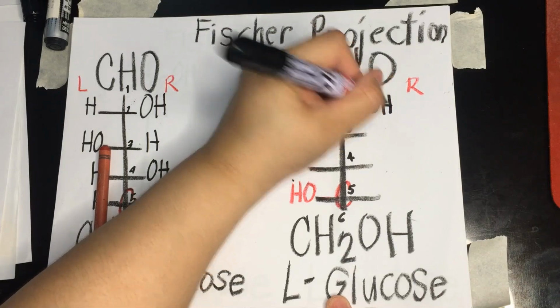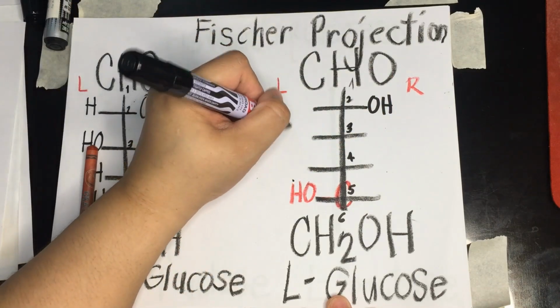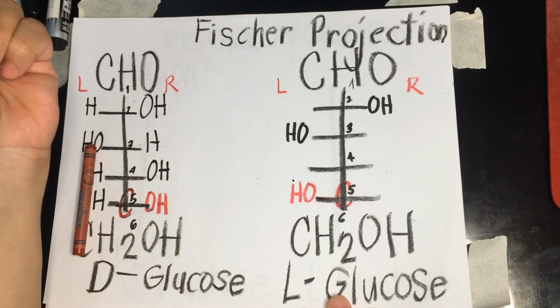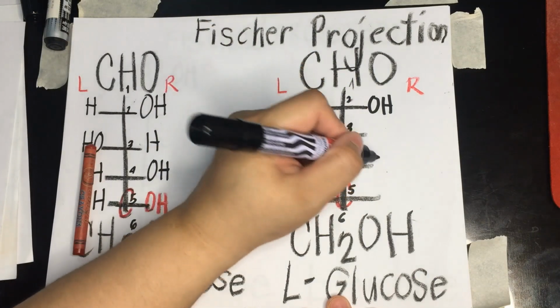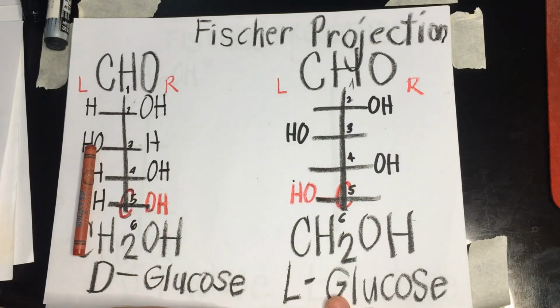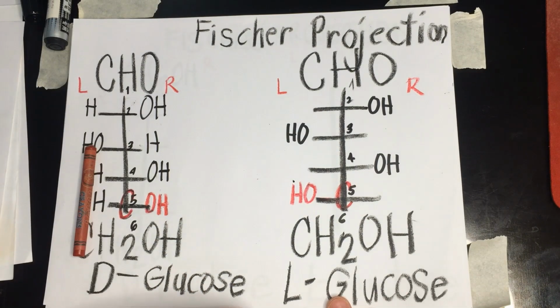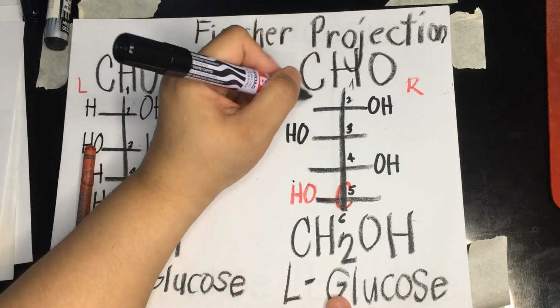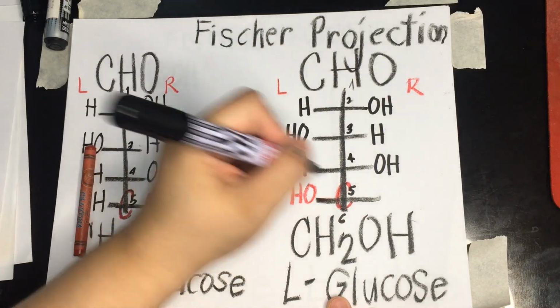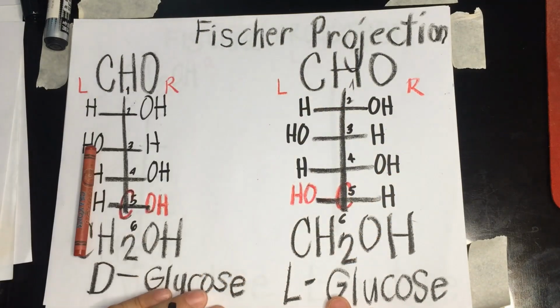Hydroxyl group on the right side. Hydroxyl group on the left side. Then hydroxyl group on the right side. The remaining pairs will be hydrogen groups. Hydrogen, hydrogen, hydrogen, and hydrogen.